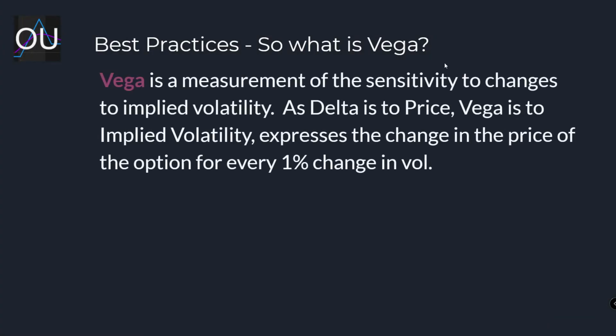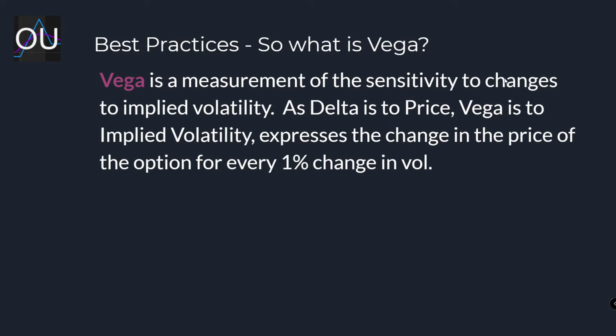So what's Vega? Vega is a measurement of the sensitivity to changes in implied volatility. That's one of the options Greeks, and we'll do a future video on options Greeks. Basically, a lot of people remember it as V for volatility. So if you forget which option Greek is volatility, just remember it starts with a V, so it's Vega.